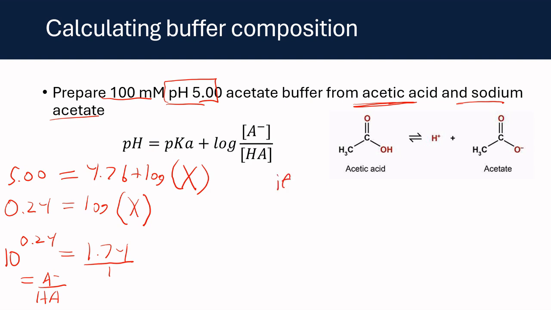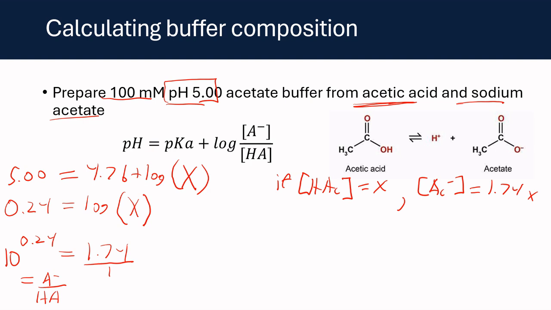If the concentration of acetic acid equals X, let's say, then that must mean we have more acetates than acetic acid. Specifically, we have 1.74 times the amount of acetic acid.